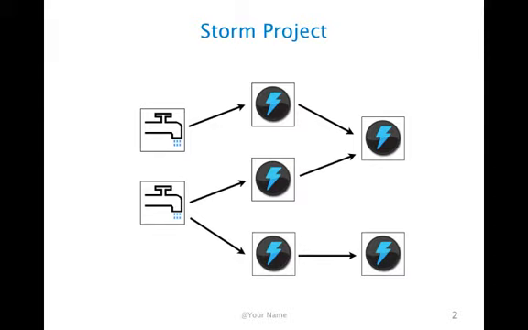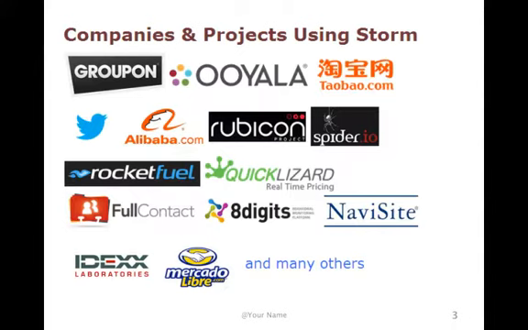The main difference is that Storm is primarily used for real-time computation, while Hadoop is more geared towards batch processing. Companies and projects using Storm include a lot of the bigger companies, everything from Twitter to Groupon, Ujala, and many others.